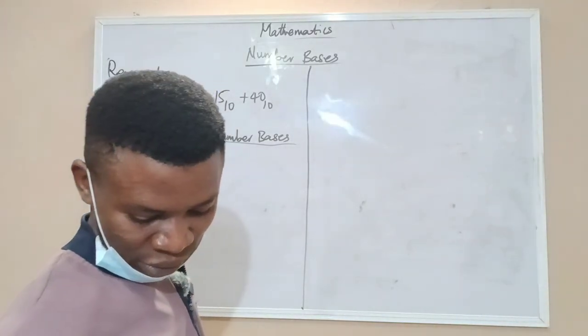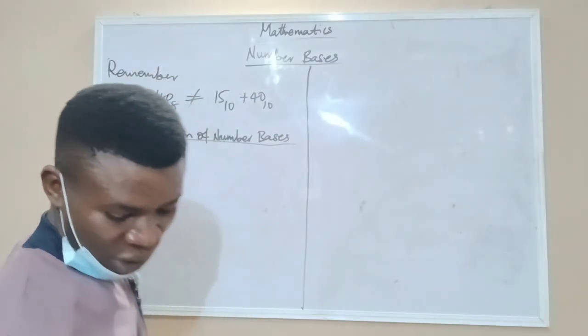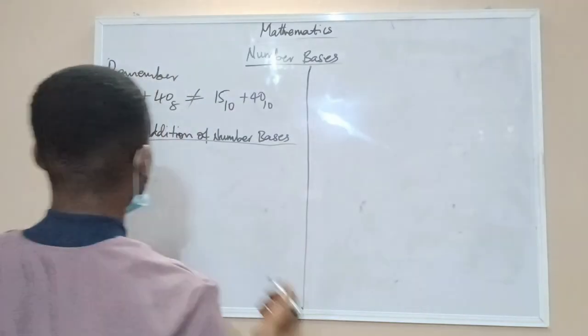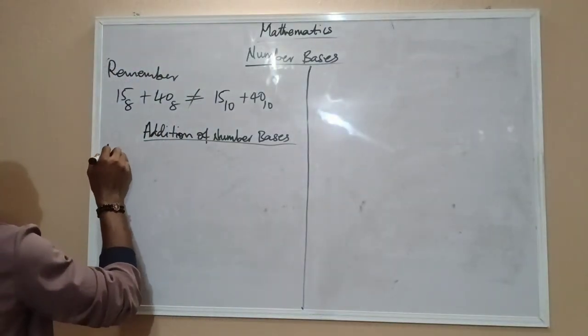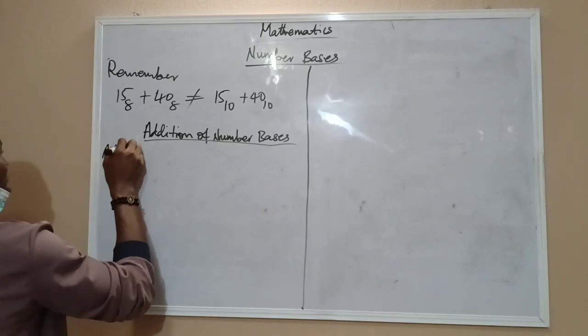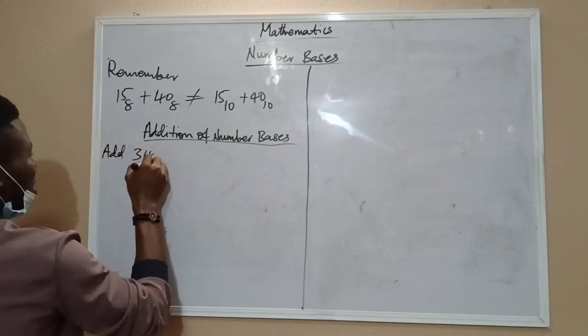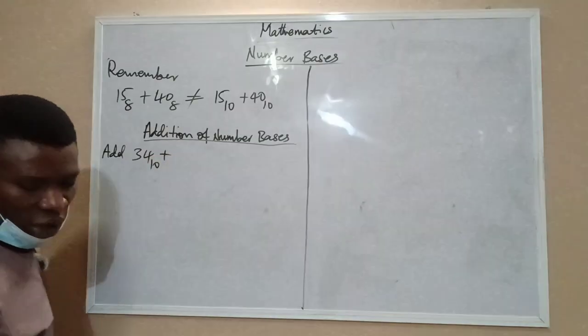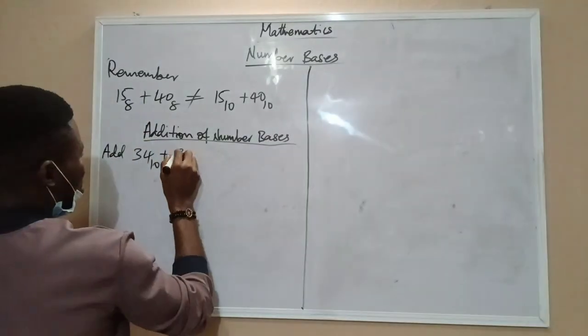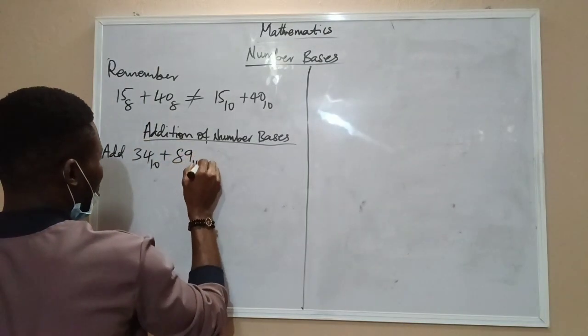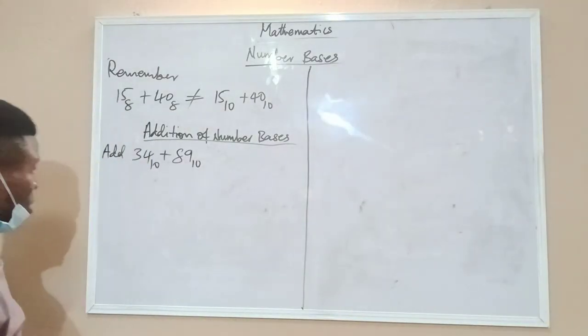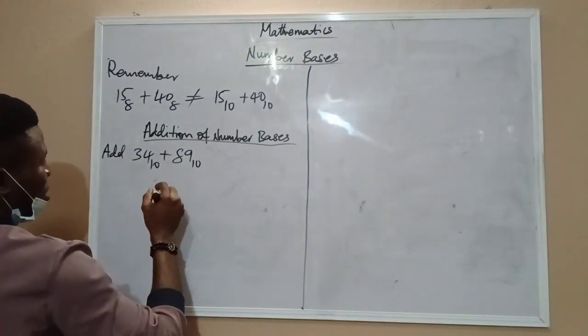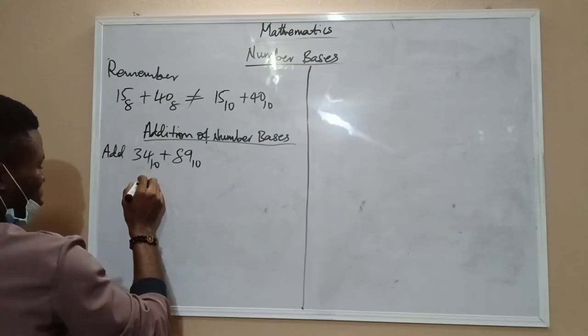Now we have 34 base 10 plus 89 base 10. This is just the normal addition we are familiar with.